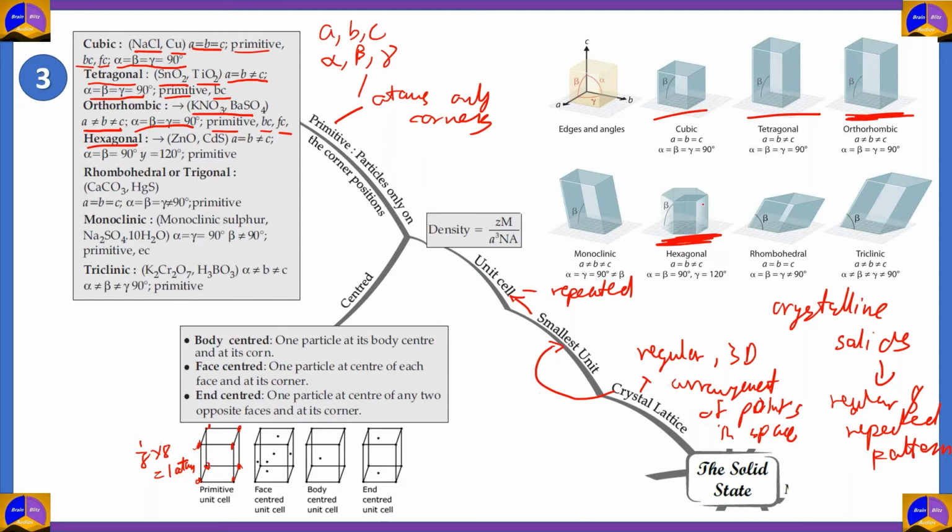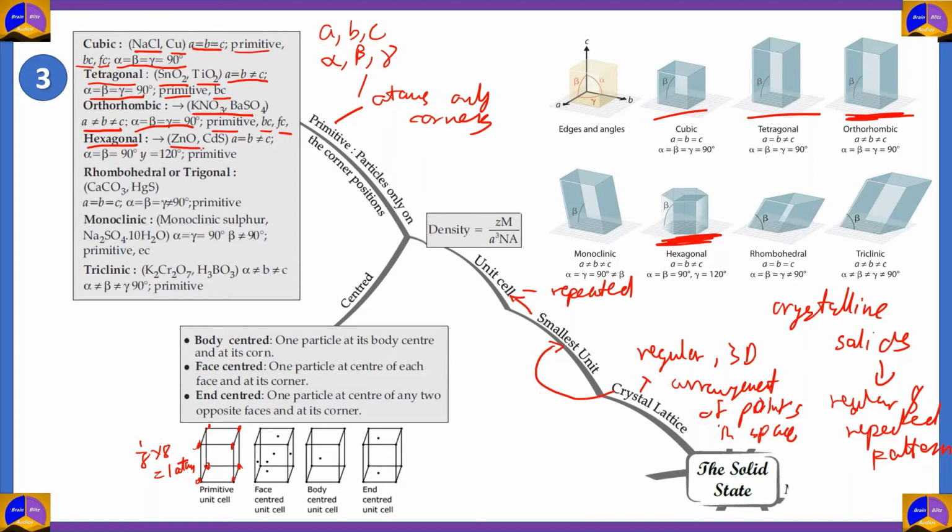Over here, 2 of the angles, alpha and beta, are 90 degrees. That means the angle between the top face and the lateral sides and the angle between the bottom face and the lateral sides are equal. However, gamma here is equal to 120 degrees, and that's why there is the shape of a hexagon.